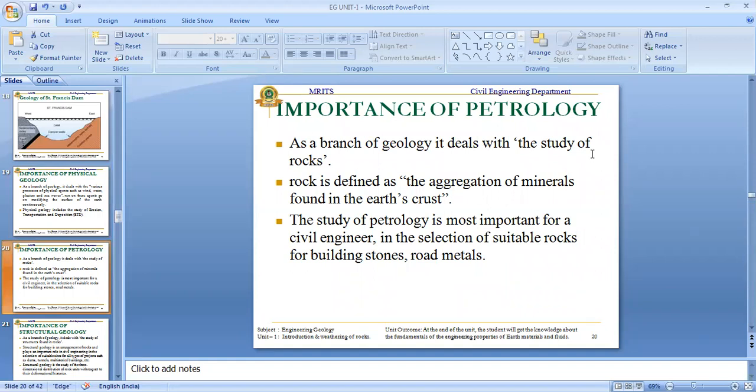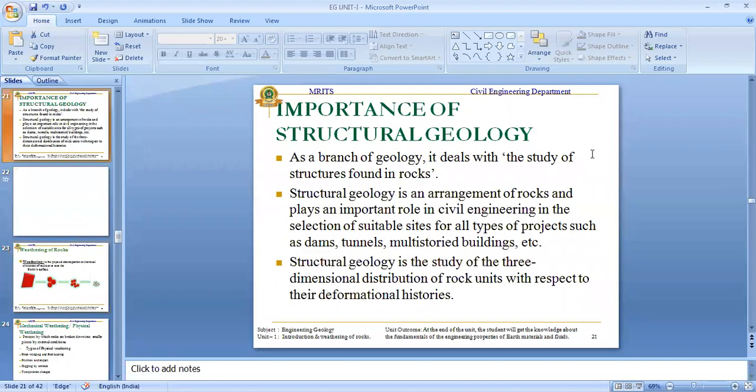So it's important to study in the engineering geology subject. In structural geology, it is important to study these structures in order to construct tunnels, multi-story buildings, as well as dams, etc.